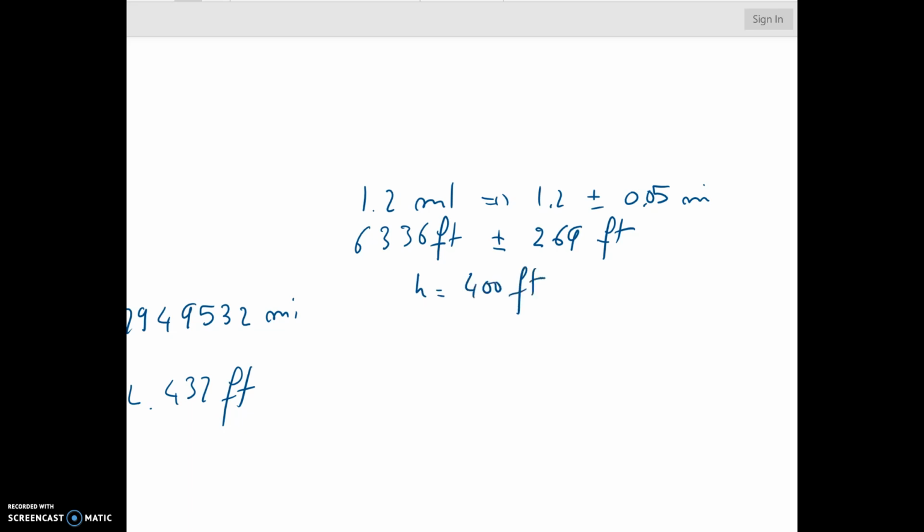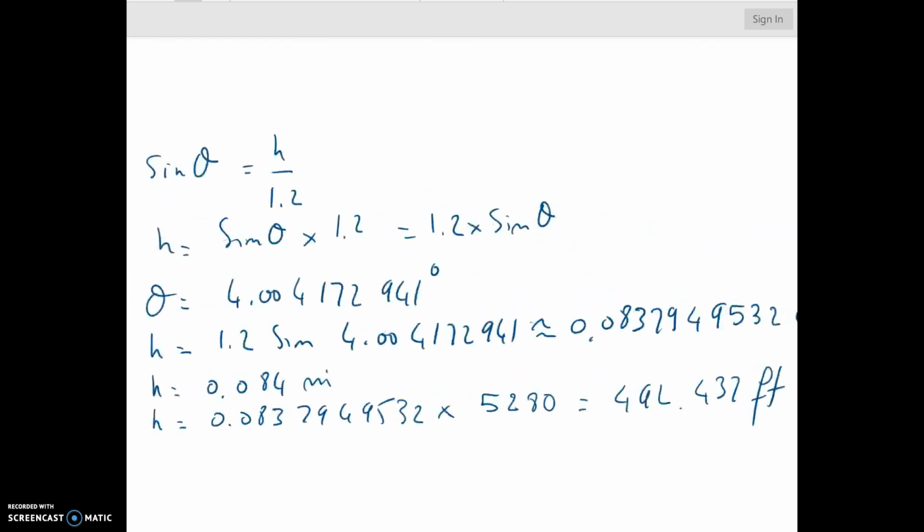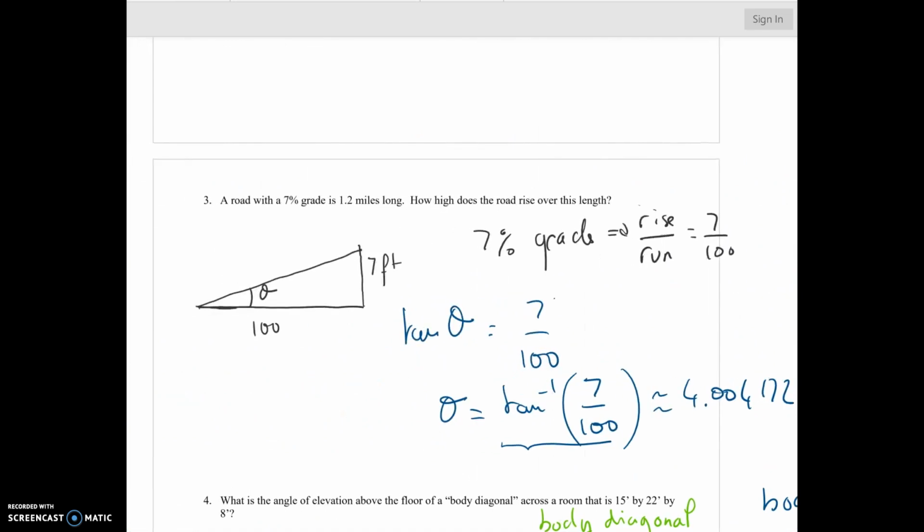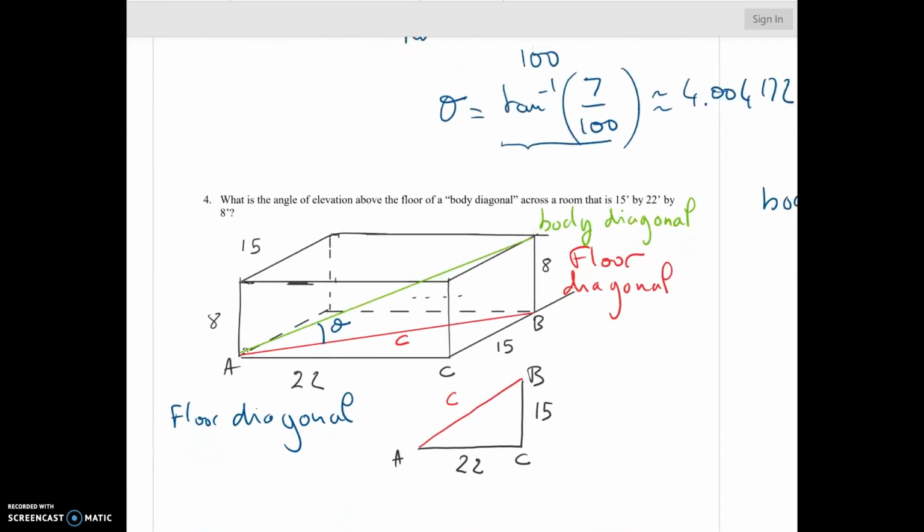All right, guys, so now let's work on problem number 4. On this problem number 4, what is the angle of elevation above the floor of a body diagonal? Well, the body diagonal in a room is defined in green right here. And then you have the floor diagonal.